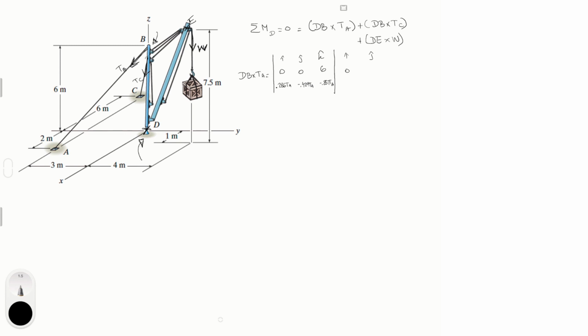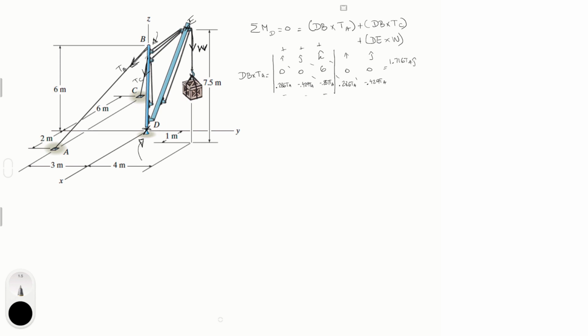Repeat the first and second columns: 0.286 TA, minus 0.429 TA, and then we do our positive diagonals. The first one is I times 0, which is already 0. J times 6 times 0.286 is 1.716 TA in the J. The third one is K times 0, so it's 0.